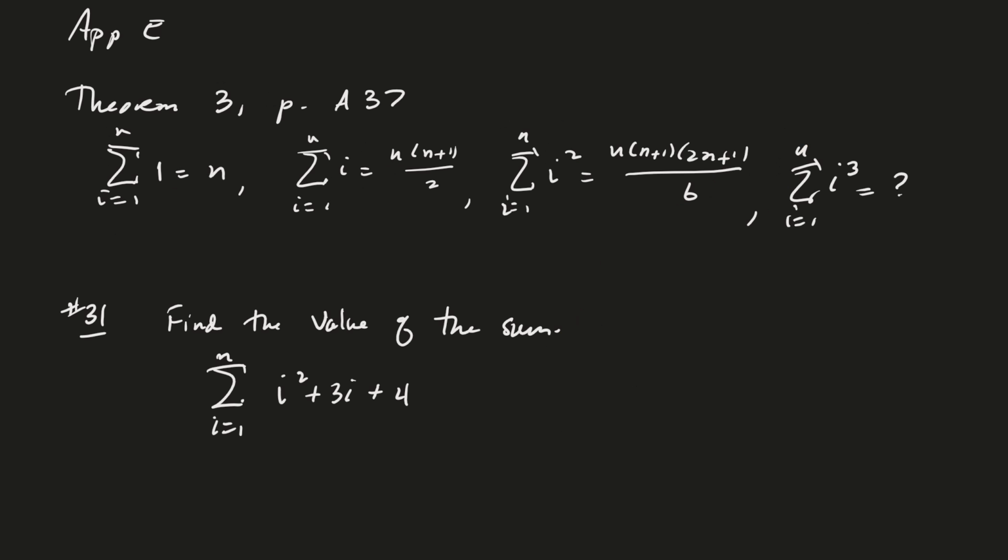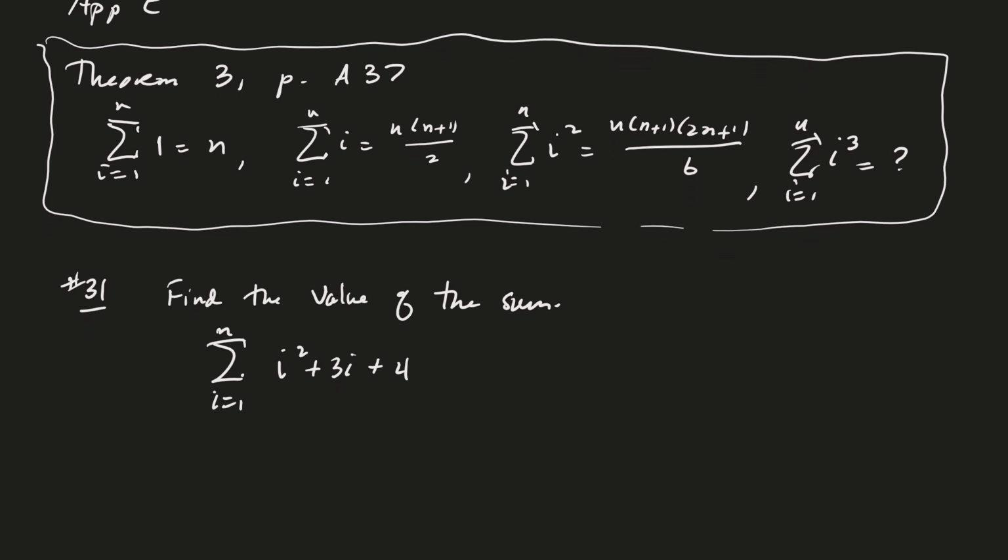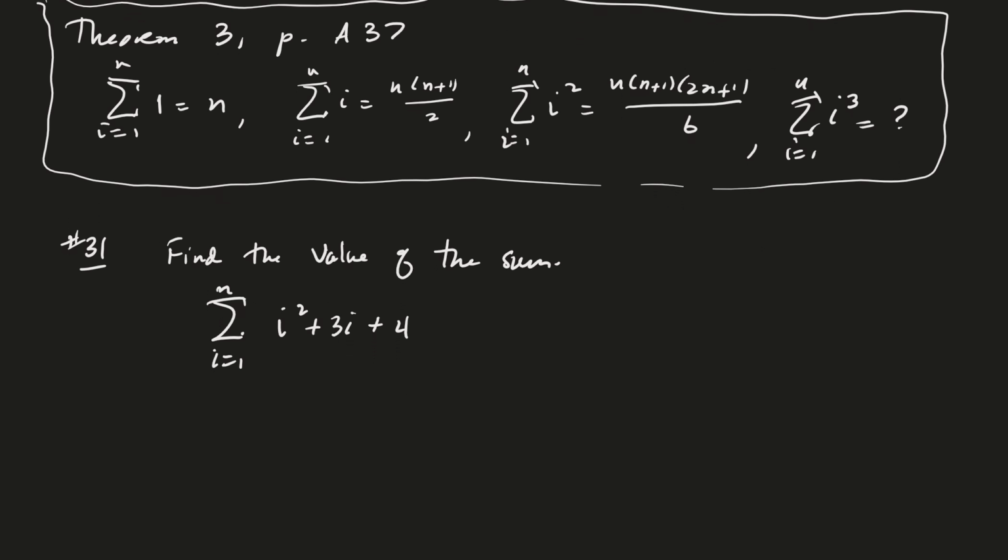Okay, so here's one. By the way, on page A37 there are some formulas that we can use while we're working on our homework, and I've written a few of those down. Let's take a look at number 31. In this case we want to find the value of the sum of i squared plus 3i plus 4, where i is running from 1 to n.